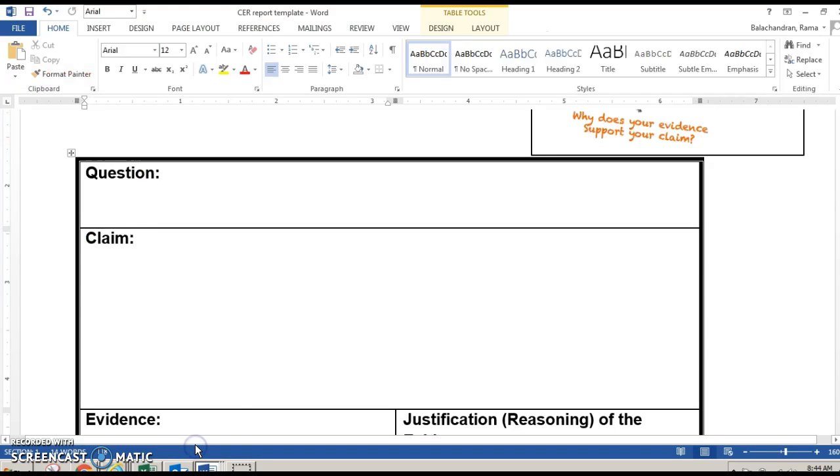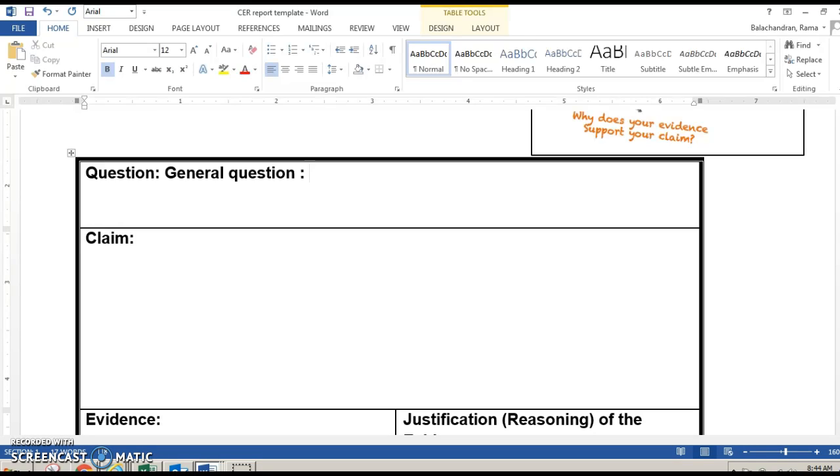Okay, so you listened to it, and the instructor raised two questions, one of which was a general question and the other a little bit more specific. So in this template, under question, you would write the general question, which is, if you paid attention, she said that we are going to gain an understanding of the speed and acceleration of the car that is moving down a ramp, and use it to describe the motion.